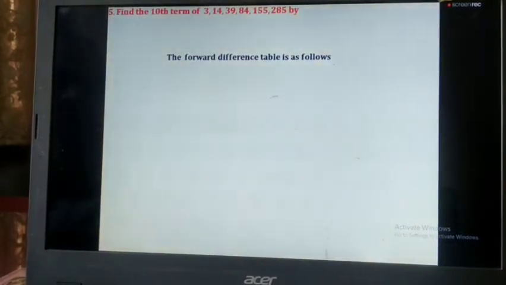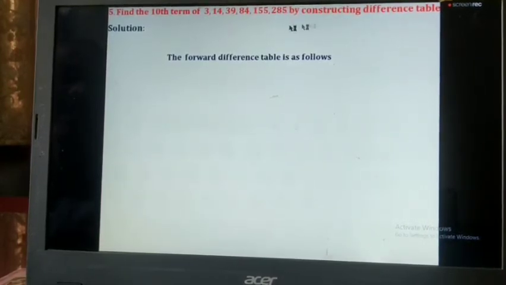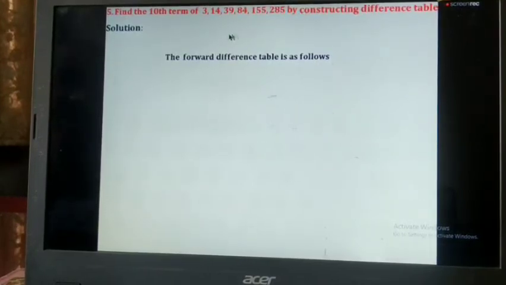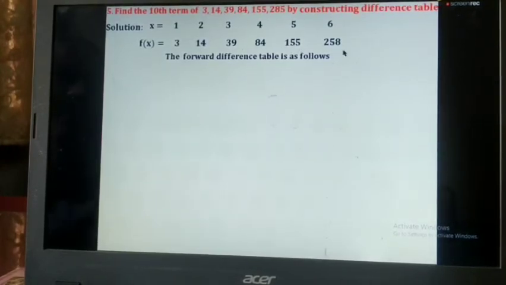Next, let us go for one more example. Find the 10th term of 3, 14, 39, 84, 155, 258 by constructing a difference table. There are 6 terms given. Our idea is to find out the 10th term of this sequence by constructing the difference table. Consider the solution. The x values are 1, 2, 3, 4, 5, 6. There are 6 terms. The corresponding f of x are 3, 14, 39, 84, 155, 258.